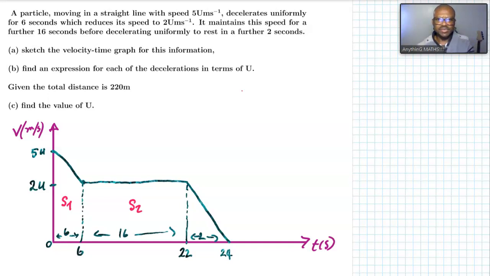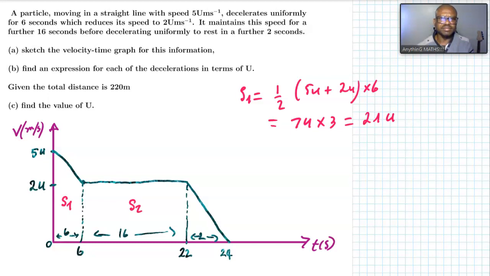The first, x1, is going to be half of 5u plus 2u times 6, which then gives us 7u times 3, and that will give us 21u. The x2 is another trapezium.